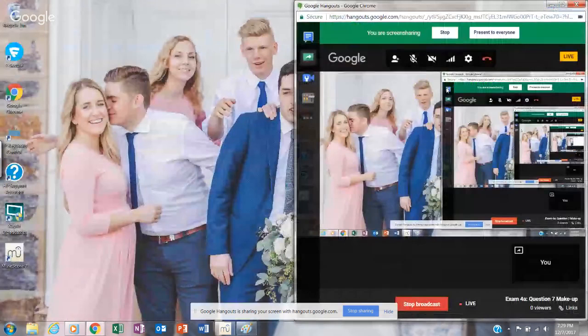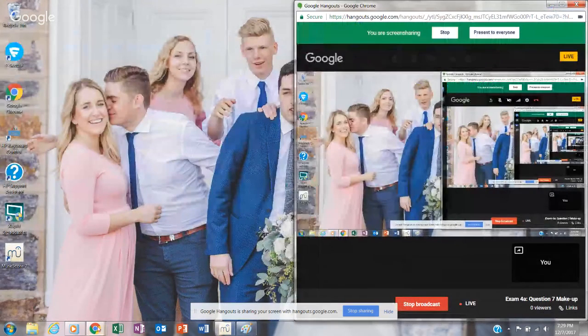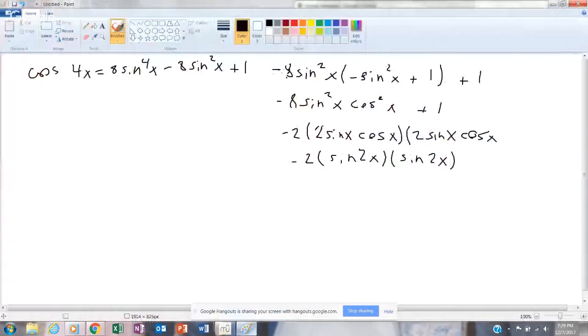Let me just make sure. Okay. So then we can do negative 2 times sine squared of 2x and then bring back this one, so plus 1. So we end up with 1 minus 2 sine squared of 2x.